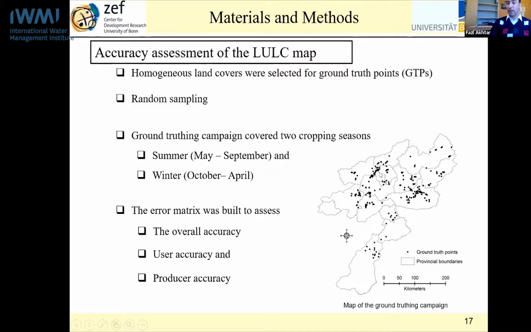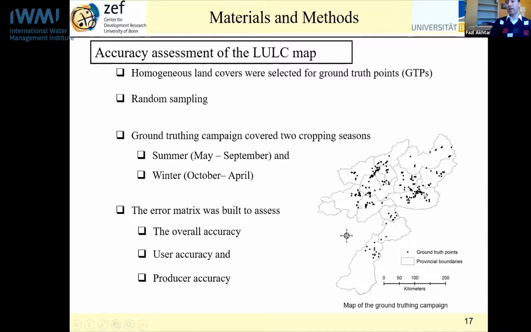The ground truth point collection is largely driven by accessibility, especially in terms of security. For example, some areas were not accessible because of poor security, so we excluded them. And somewhere, for example, where there were no major cropping patterns to identify, we kept it sparse intentionally.